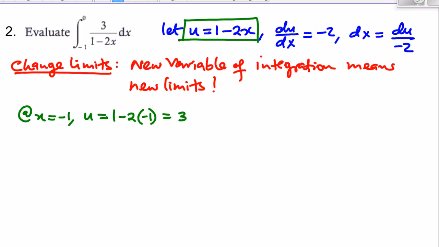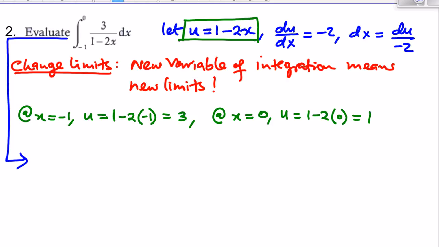And then at x equals 0, remember, those are the original limits, u will be 1 minus 2 multiplied by 0, which will be 1. Which means my new integral will become the integral, and now at x equals negative 1, u is 3. At x equals 0, u is 1. Okay?